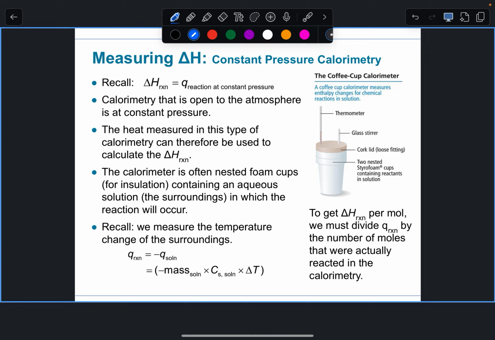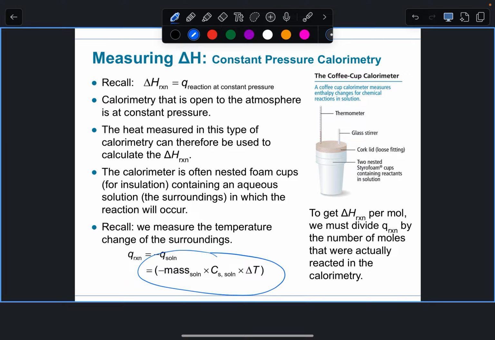Then you measure the temperature. As the reaction occurs, you record the initial temperature and the final temperature, and then we use the same idea as when we looked at that chunk of metal in the water. Remember, we looked at how the heat was transferred? In that case, we didn't know what the metal was.